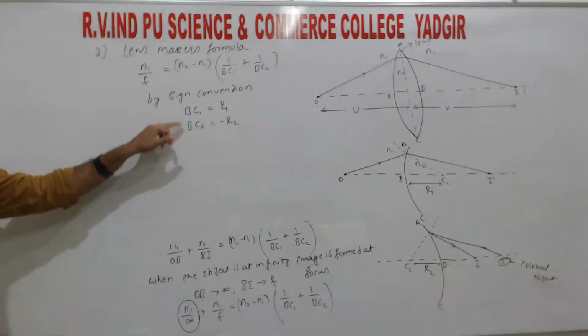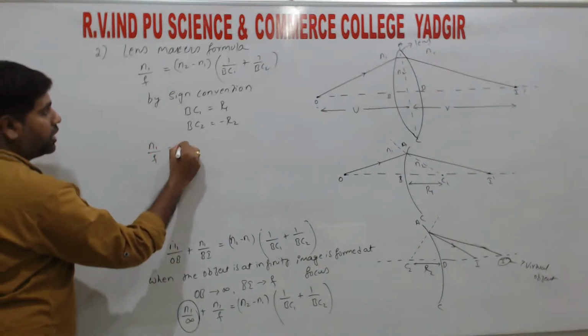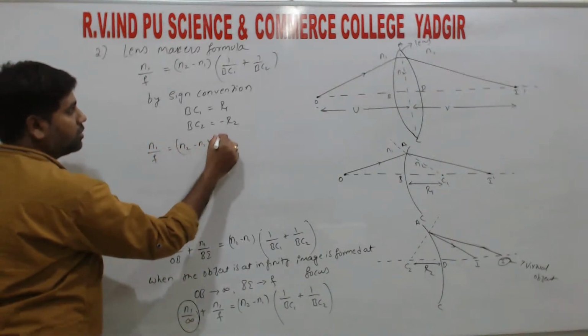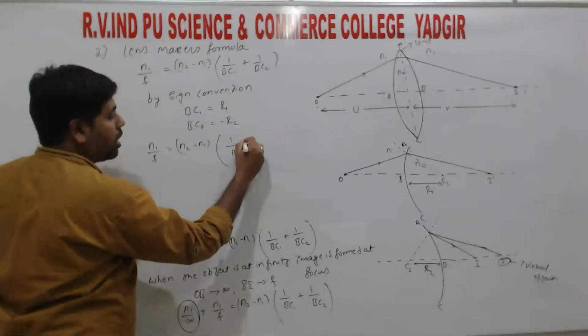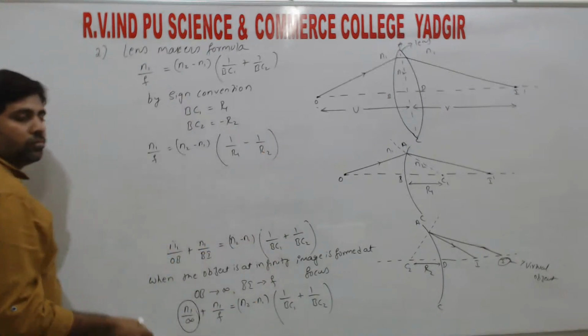Substituting these sign conventions in the above formula, n1 by f equals n2 minus n1 whole times 1 by R1 plus 1 by minus R2, that is minus 1 by R2, right?